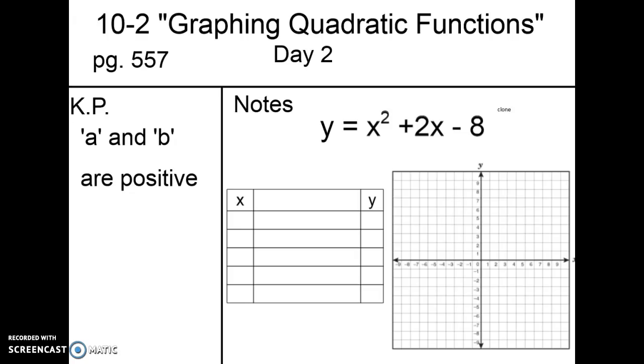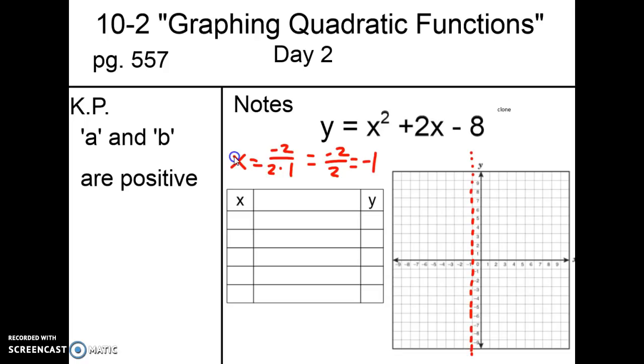So the first thing is finding our line of symmetry. It's going to be the opposite of B divided by 2 times A, which is 1. So this is going to be -2 divided by 2, that's going to be -1. And so our line of symmetry is going to be -1, which is going to be right here.